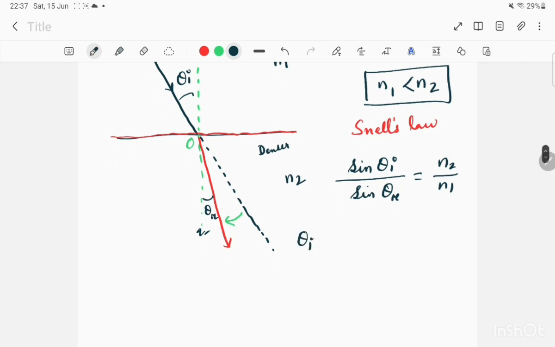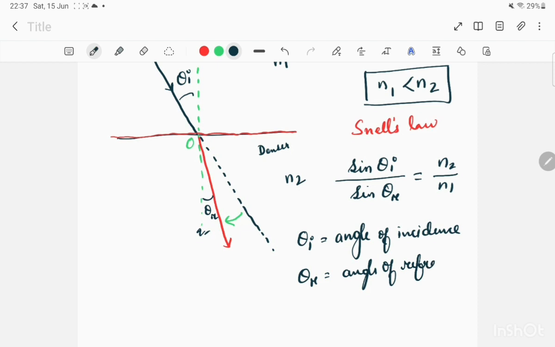Here again I would like to mention that theta I is the angle of incidence and theta R is the angle of refraction.